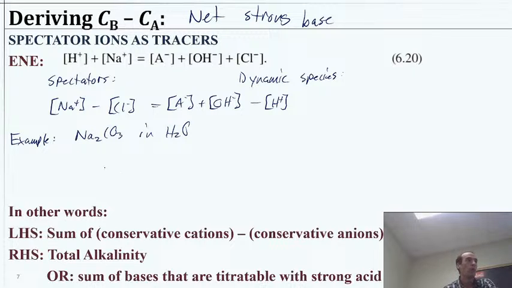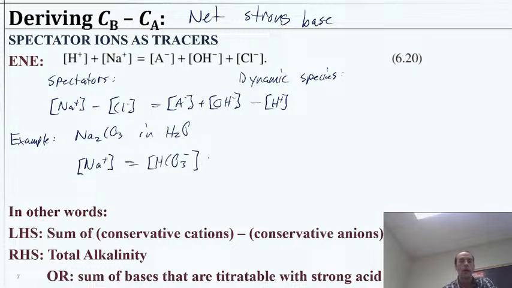What we will end up with is Na plus on the left. There's no Cl minus in this particular solution. And on the right, we get, well, what is A minus? Technically, we're going to have HCO3 minus.